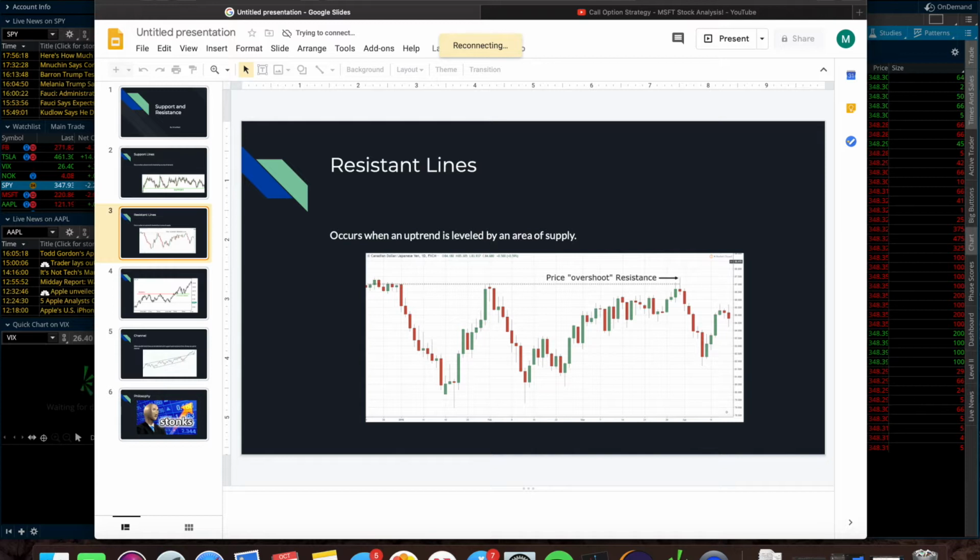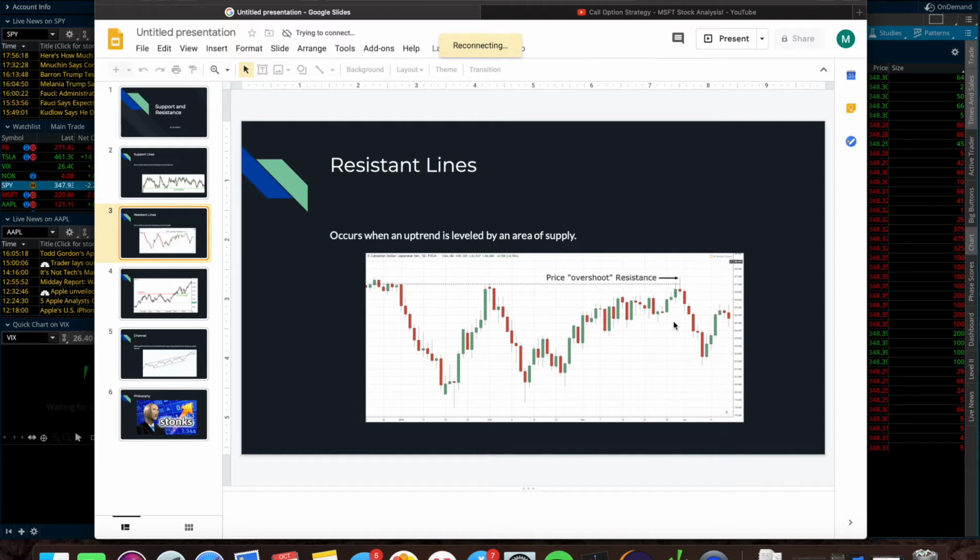Now let's talk about resistance lines, and these occur when an uptrend is leveled by an area of supply. For example, let's say the stock wants to make an advancement. It's doing very well, however it's then hit with a reversal at a certain level. The stock then tries to make its way up again, and when it reaches that level again, it gets shot down again.